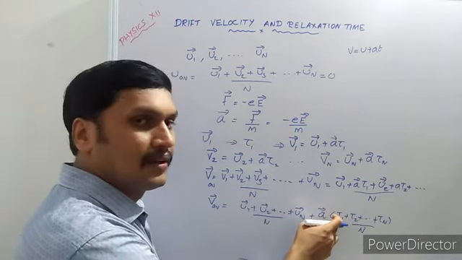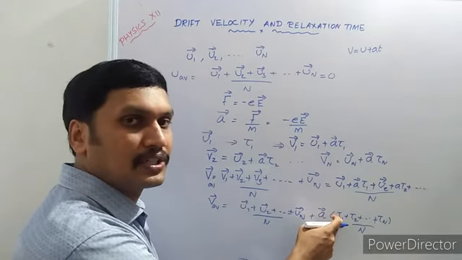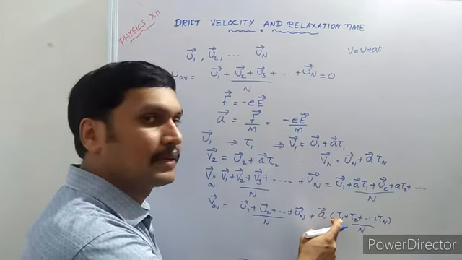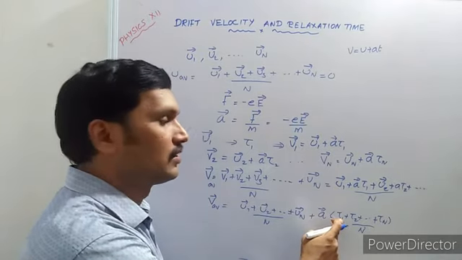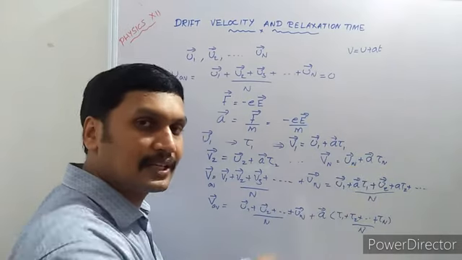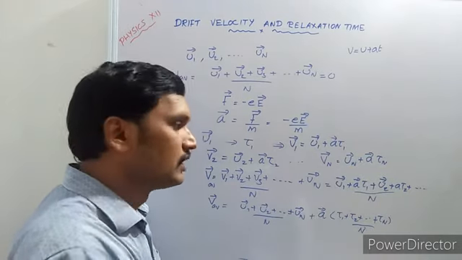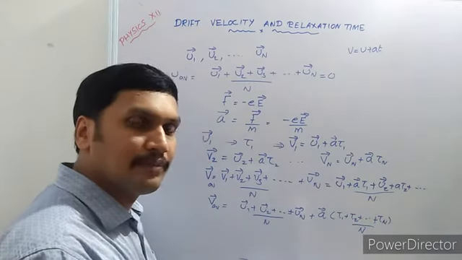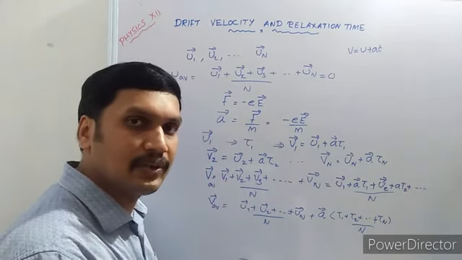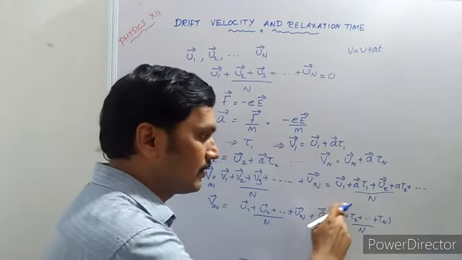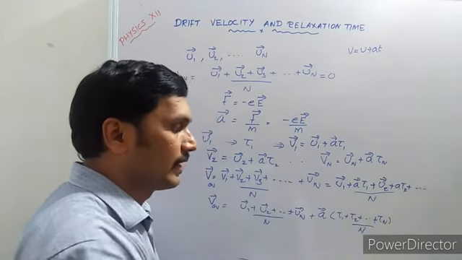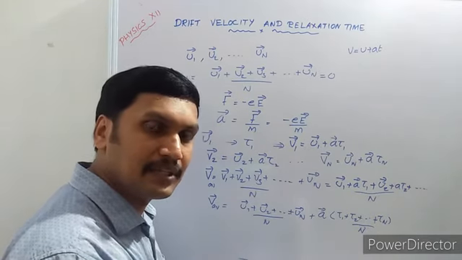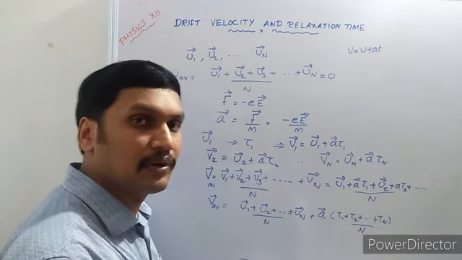Tau 1 is the time taken for the collision for the first electron after acceleration, the time interval between any two collisions. Tau 2 is the time taken by the second electron before collision. So we can say it is the average time interval between any two successive collisions.